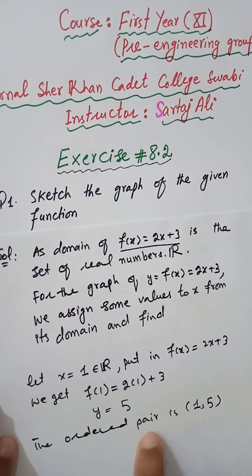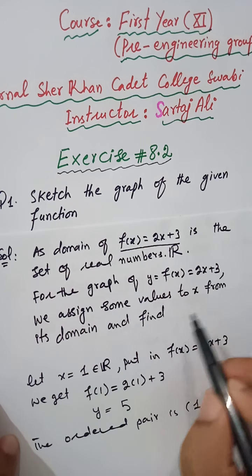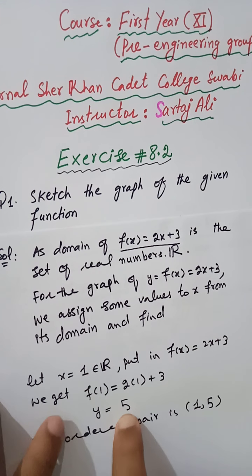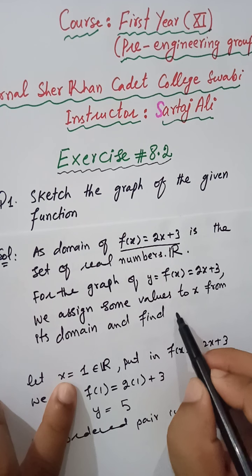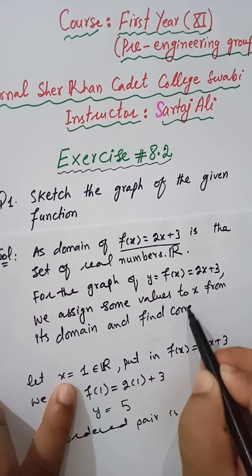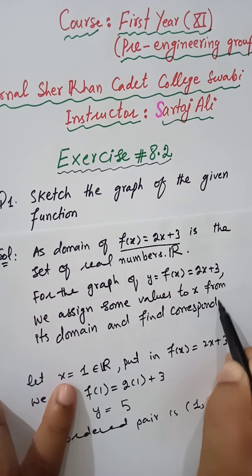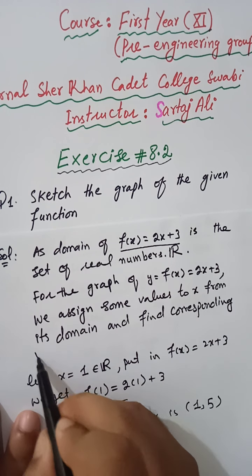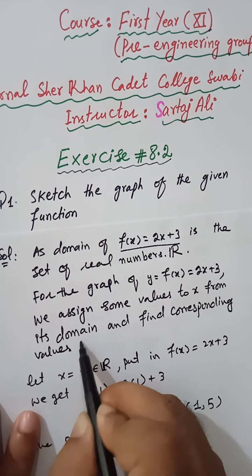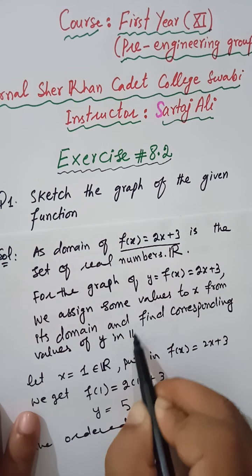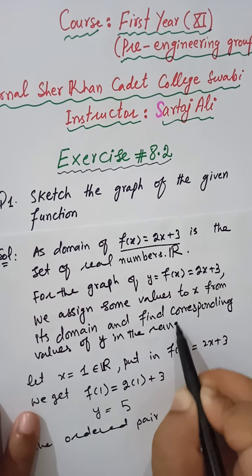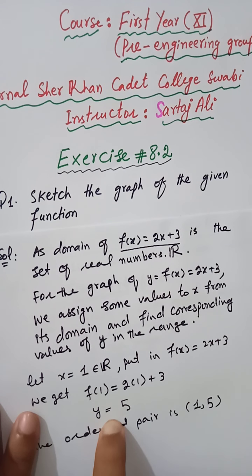So that's how you can find the ordered pairs and find corresponding values of y. So this is the corresponding value of y for x is equal to 1, and find corresponding values of y in the range. You see it here.